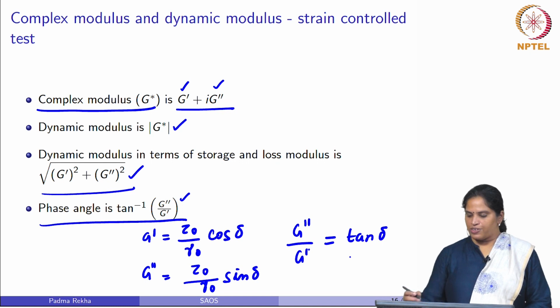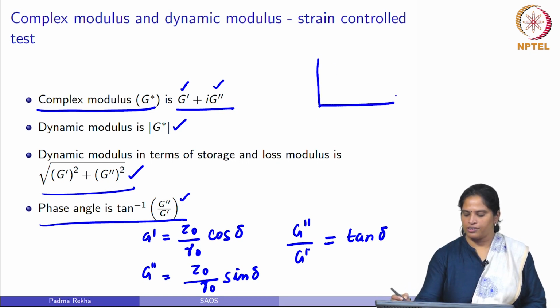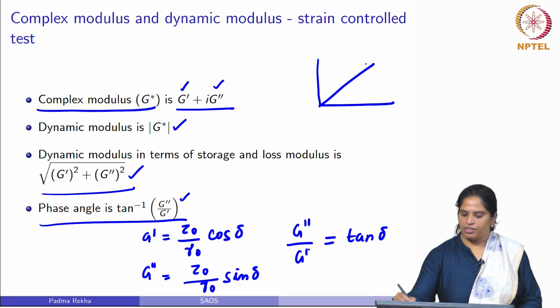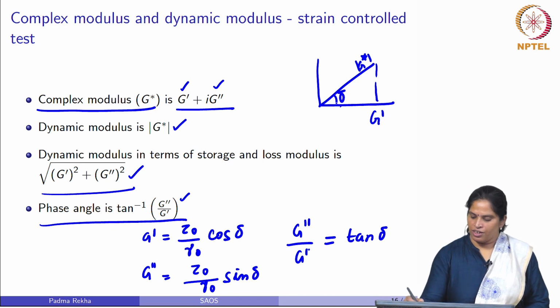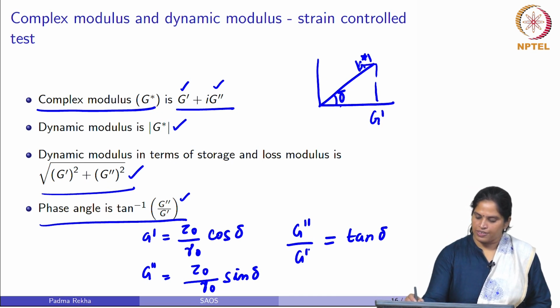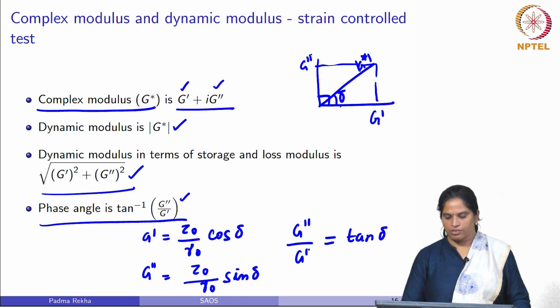We can also represent the storage modulus and loss modulus in vectorial form, as this dynamic modulus. When delta is 0, we get the storage modulus, and when delta is maximum, at 90 degrees, we get the loss modulus.